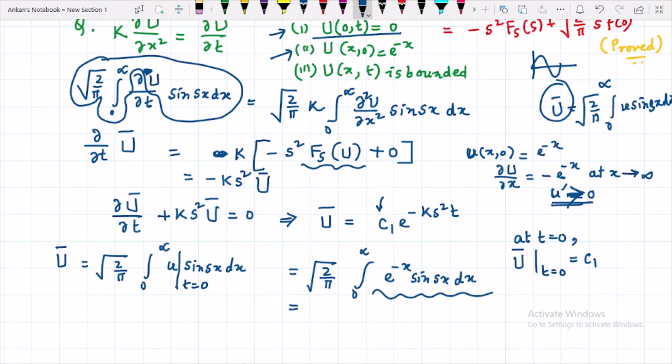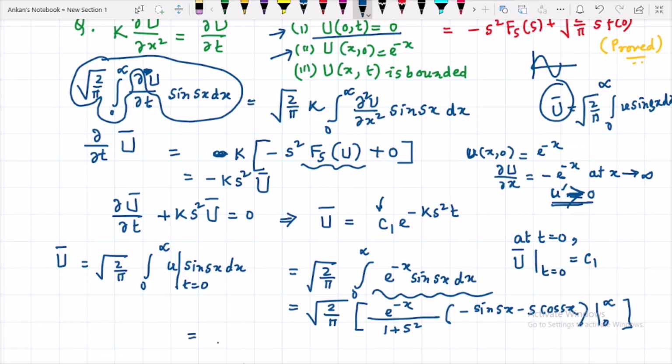By doing this integration you can obtain root 2 by pi e to the power minus x over 1 plus s square times minus of sine sx minus s cos sx, from 0 to infinity.